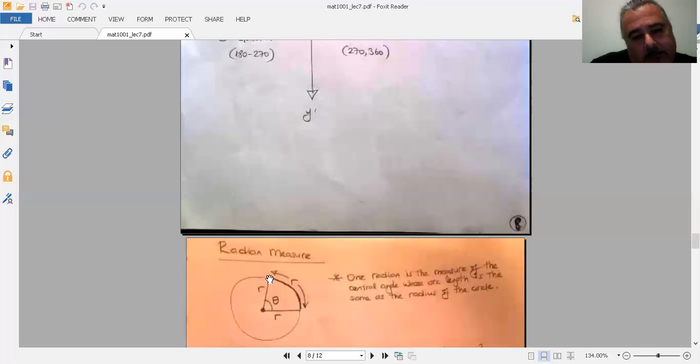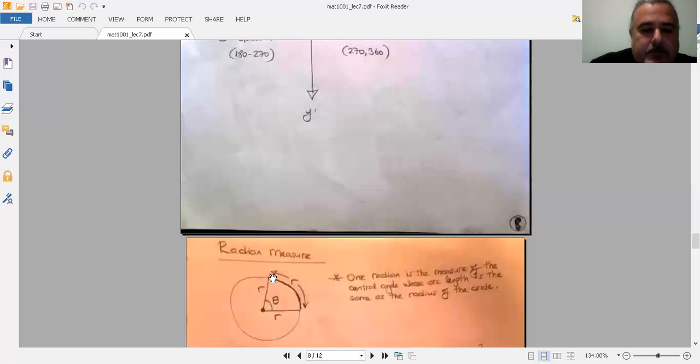But if this arc length is r, this angle is called the radian. So 1 radian is the measure of the central angle whose arc length is the same as the radius of the circle.